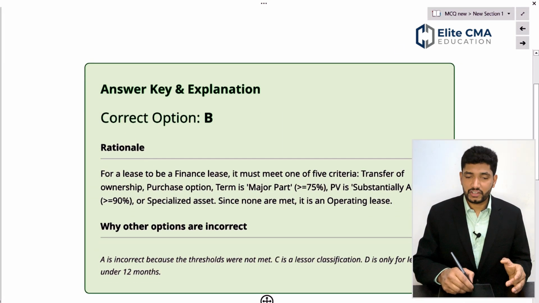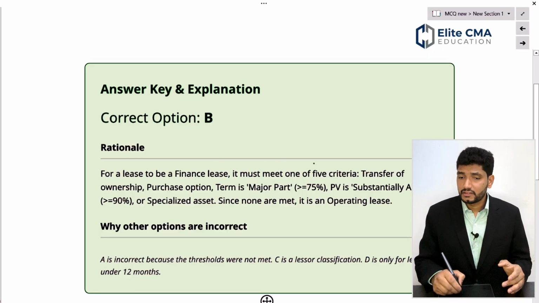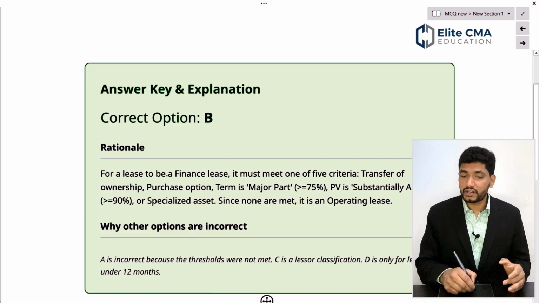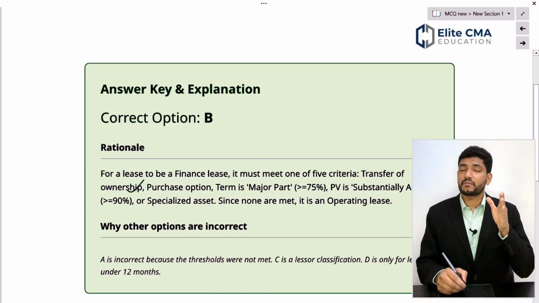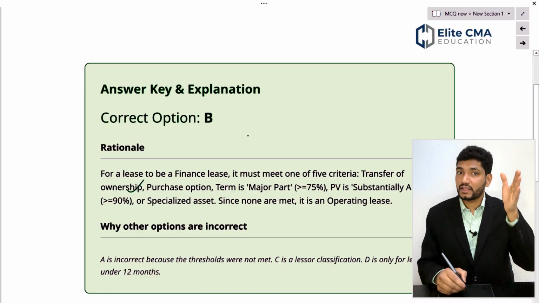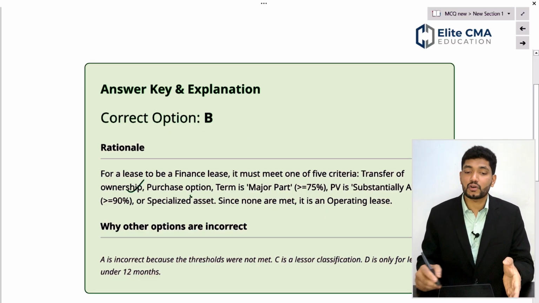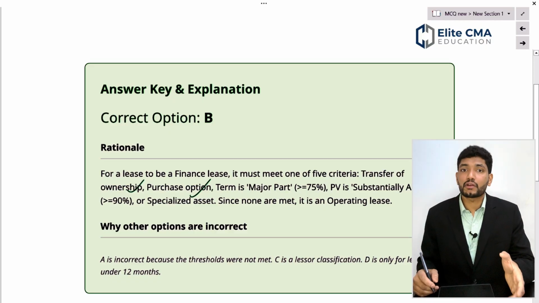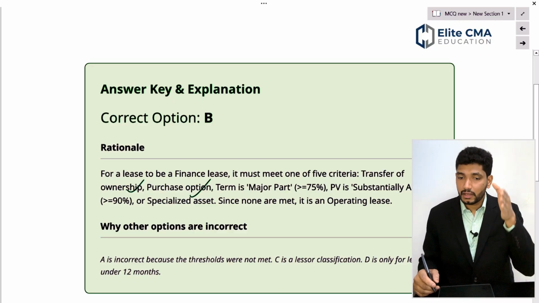So, you can see the explanation here. For the financing lease, there should be 5 criteria. The first one, transfer of ownership. If there is an option to transfer ownership at the end of the lease period or during the lease period, it is a financing lease. Then the purchase option. If the lease includes a purchase option, then it is a financing lease.